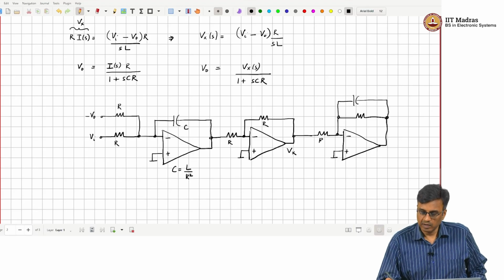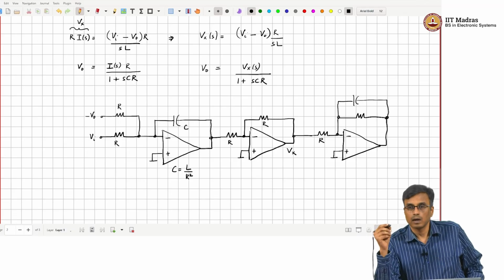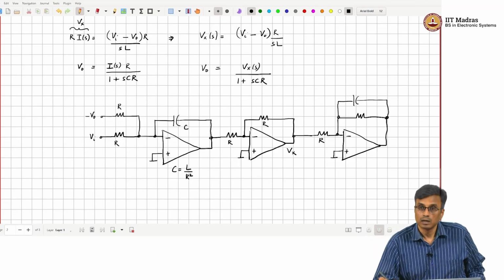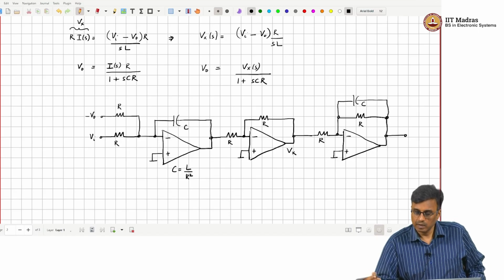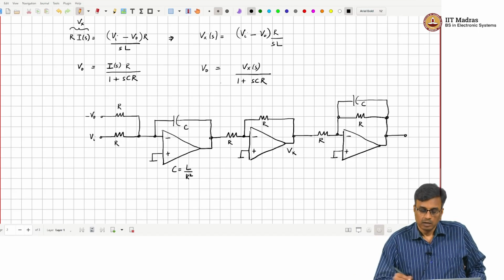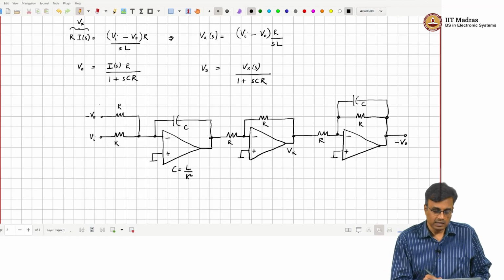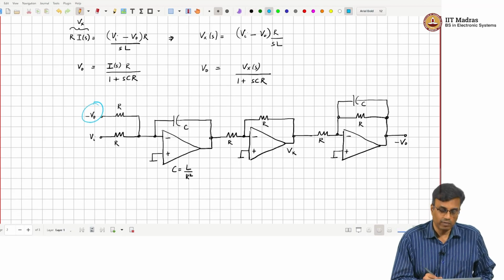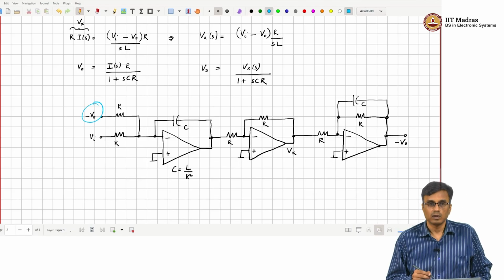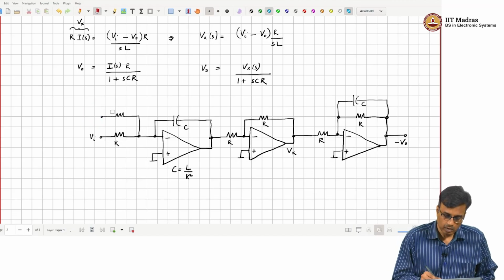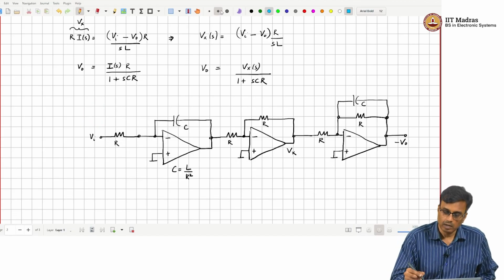So, if this is R, what should the other resistor be? R, and this is C, and this output voltage is minus Vo. But luckily it is actually minus Vo that we need. So, you connect these two here. So, we move that resistor there from there.